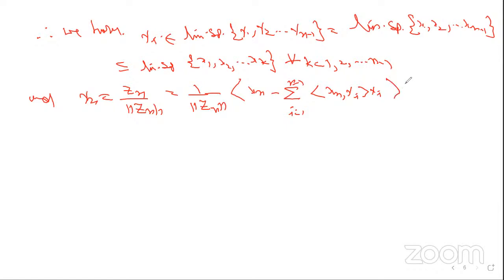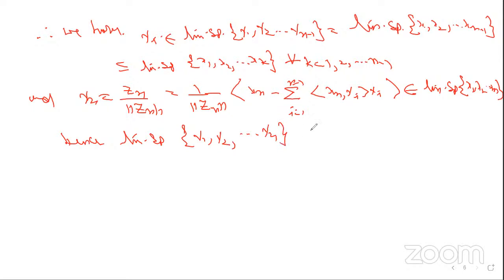So this belongs to the linear span of x1, x2, etc., xn, since xn belongs to the linear span of x1, x2, etc., xn and each yi belongs to the linear span as well. Hence the linear span of y1, y2, etc., yn is a subset of or equal to the linear span of x1, x2, etc., xn.